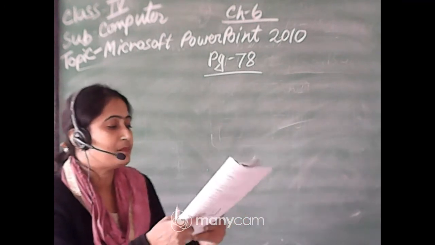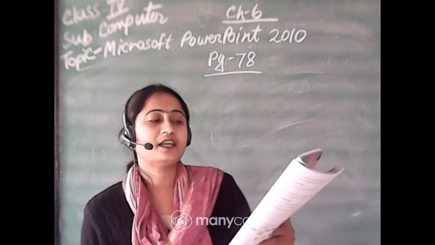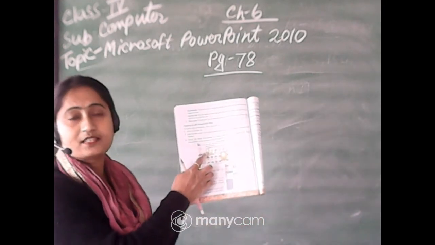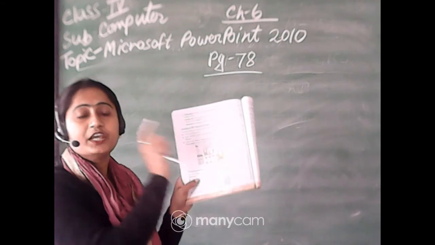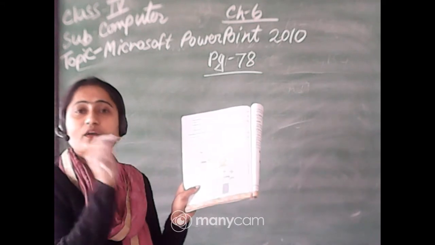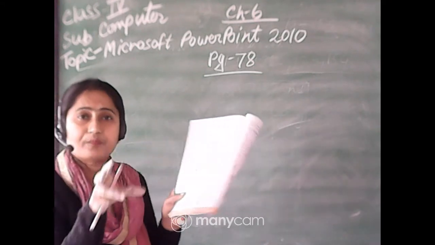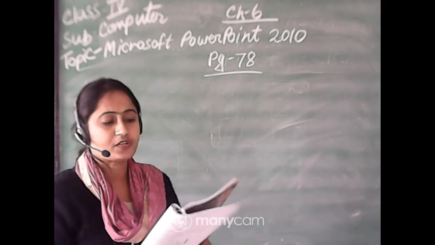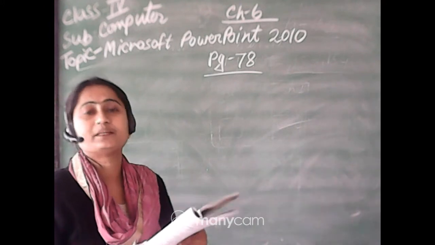You can choose the blank presentation by double clicking on it. This icon over here is the blank presentation; just double click on it. Or, in another way, choose the blank presentation by clicking on the Create button.